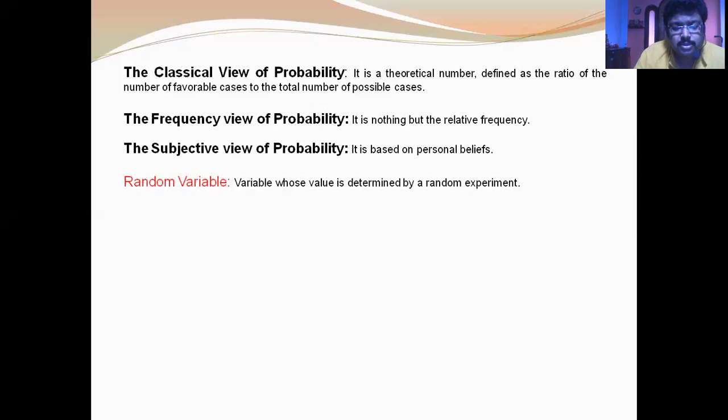Now, random variable. A variable whose value is determined by a random experiment is called a random variable. Consider the experiment that consists of tossing a coin twice.